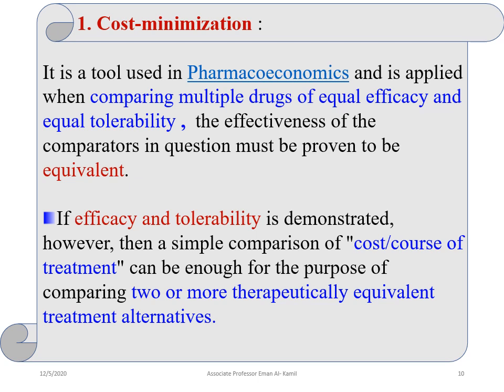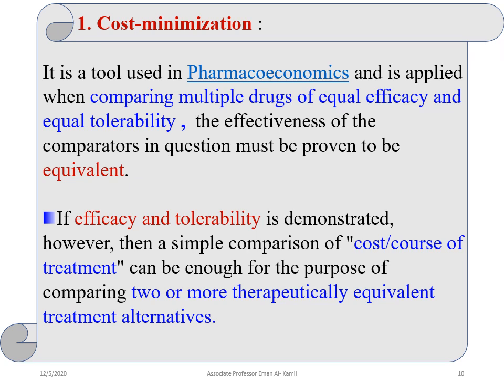But the effectiveness of the comparator in equation must be proven to be equivalent. In this case, we are going to use this method in pharmacoeconomics for drug manufacturing and choosing treatments in the health field.